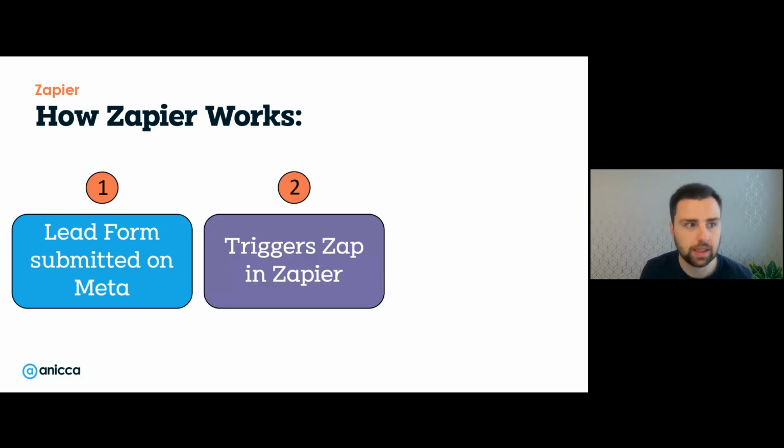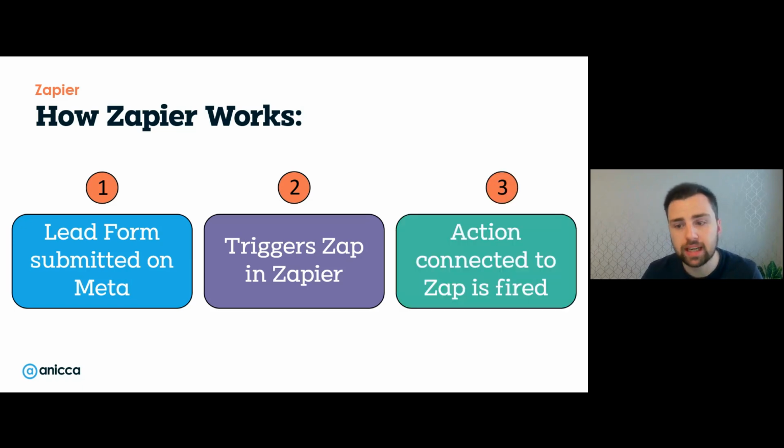So it's effectively a trigger, triggering an action in Zapier. Sorry, I messed that up completely. So they trigger a zap in Zapier, and there is always an action connected to a zap. The action connected to that zap, which has been triggered by someone submitting a lead form, is then fired.